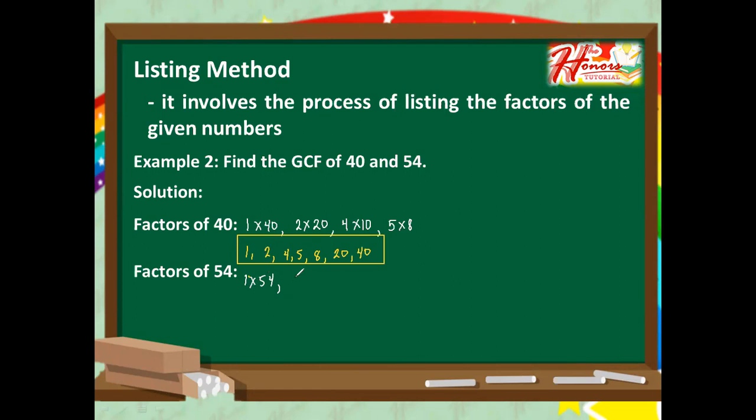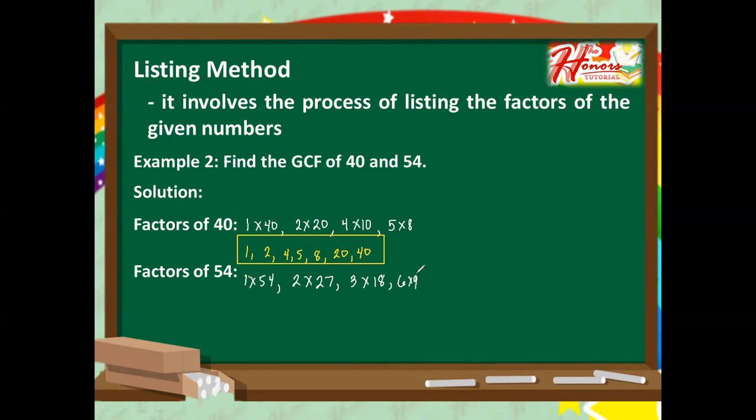So we have here 2 times 27. How about 3? 3 is possible. It's 3 times 18. How about 4? 4 is not possible. 5 is not possible also. 6 is possible. That is 6 times 9.